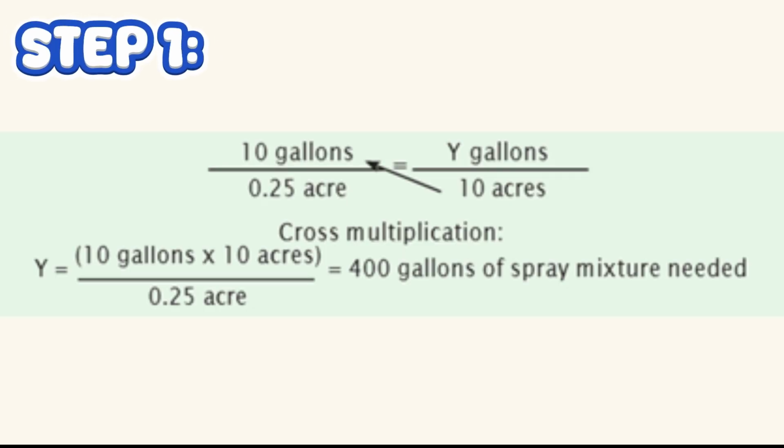Alright, while we're having fun, let's keep working our algebraic equation. Once again, we need to figure out what y is. So we know we have a 10-acre application area. Now, we're going to take 10 gallons and times it by 10 acres. So we're going to use cross multiplication as you're seeing here. And then we're going to divide that number by 0.25.